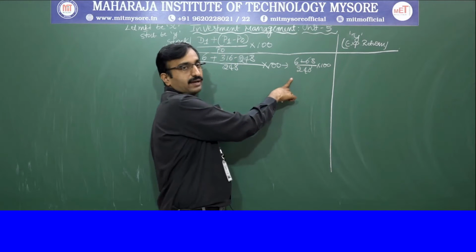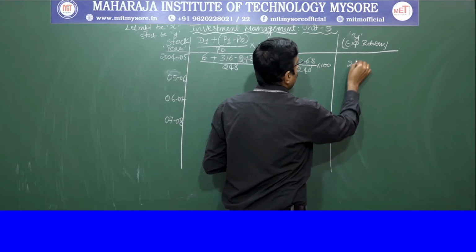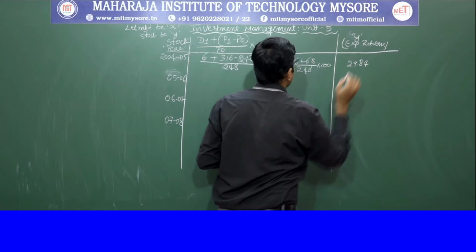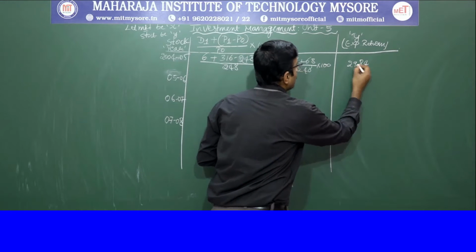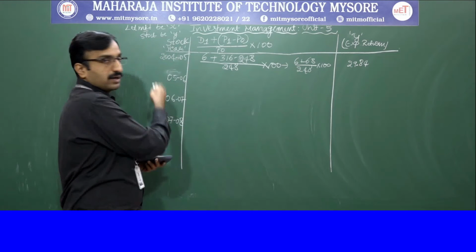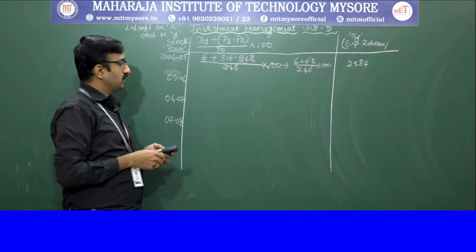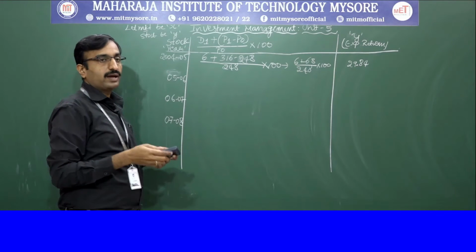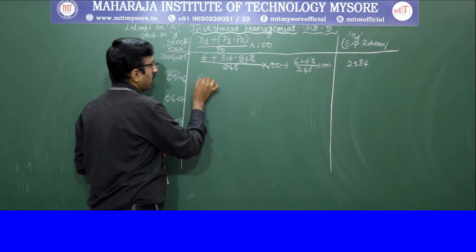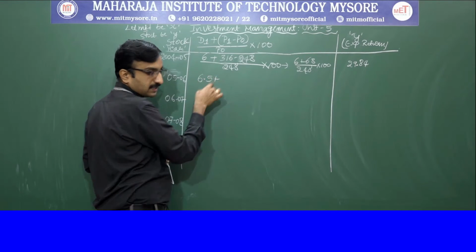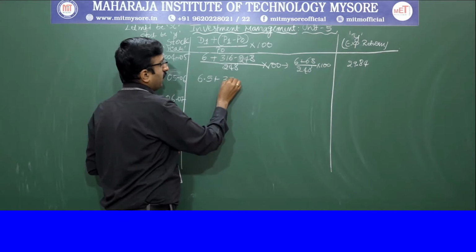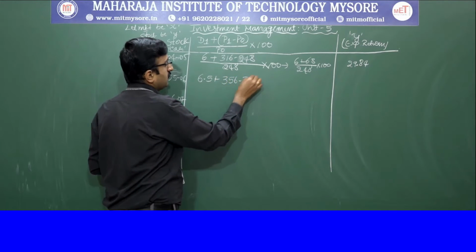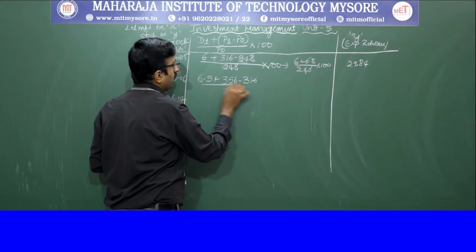How much will you get? You will get 29.84%. Same thing you do for the remaining or subsequent years. The next year the current year dividend is 6.5, the current year market price is 356 and the previous year is 316.